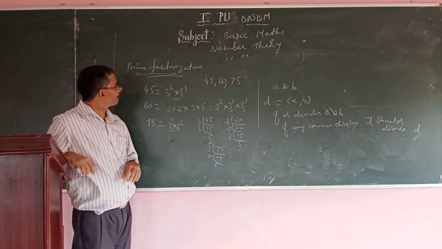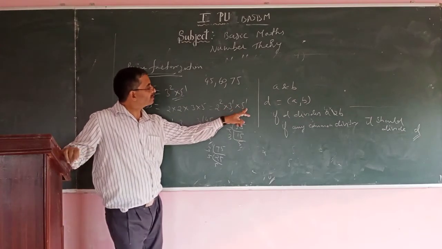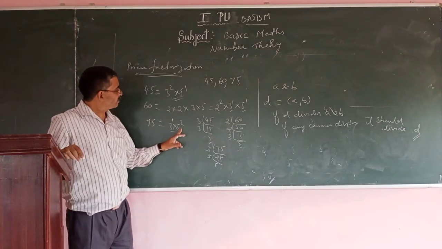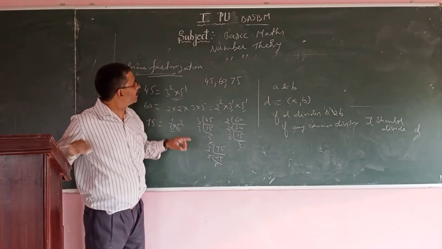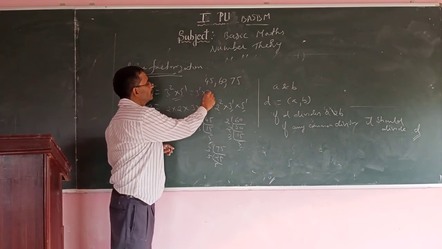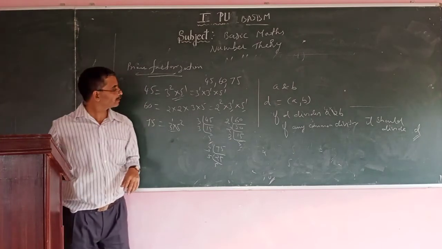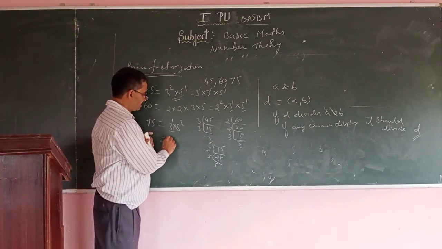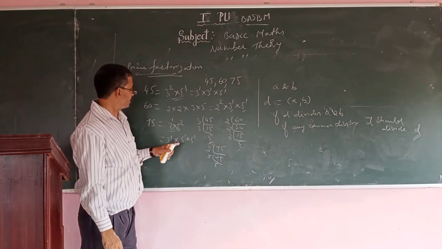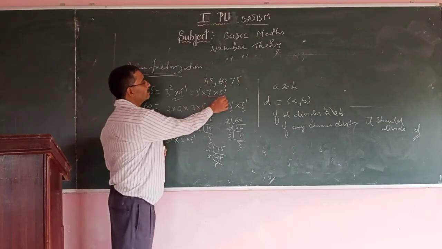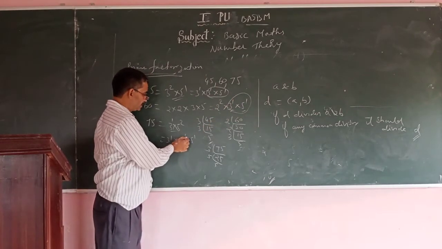So what is common here? You observe here 3 square, 5 to the power 1. Here 2 square, 3 to the power 1, 5 to the power 1. Here 3 to the power 1, 5 square. Observe, 3 square can be rewritten as 3 to the power 1 into 3 to the power 1. What is common here? 3 to the power 1 into 5 to the power 1 is here, here and here.